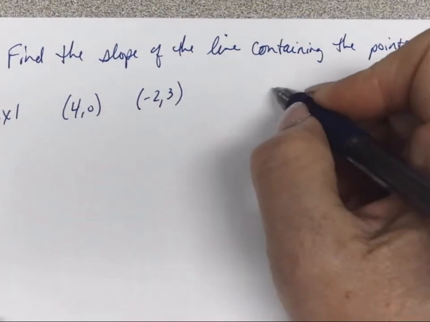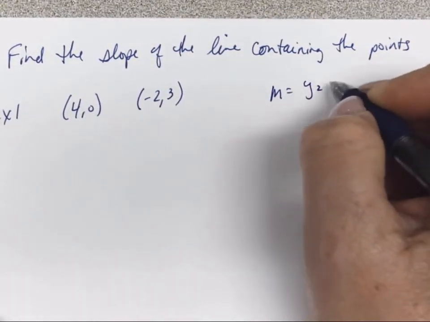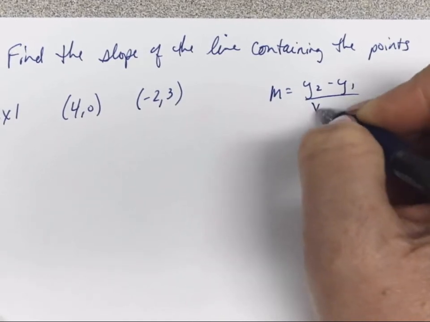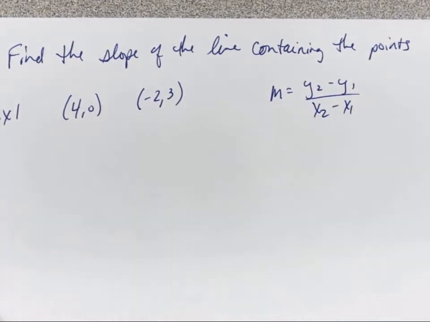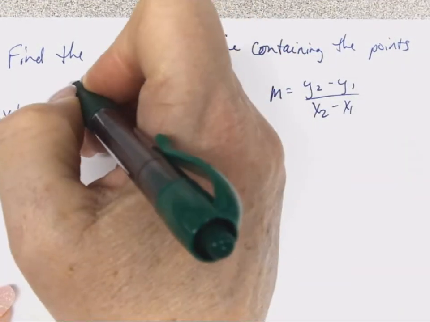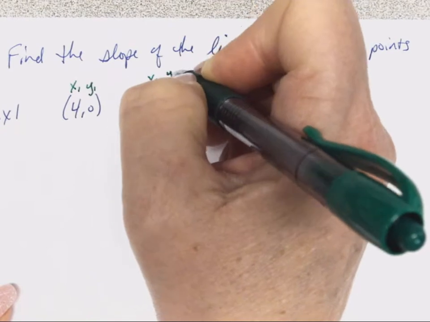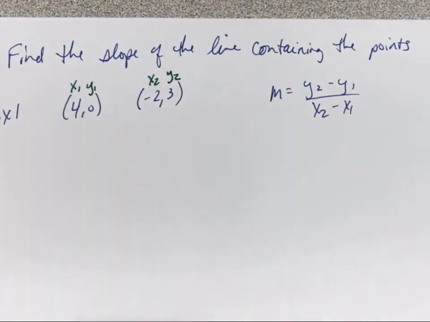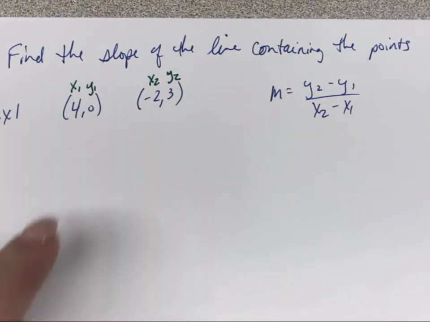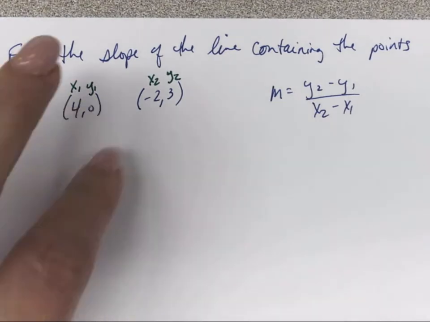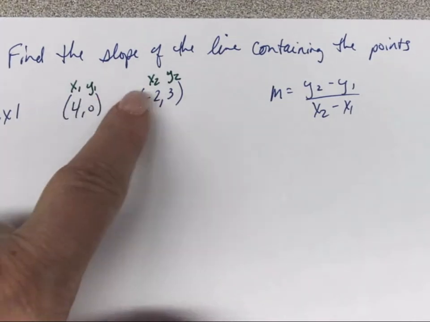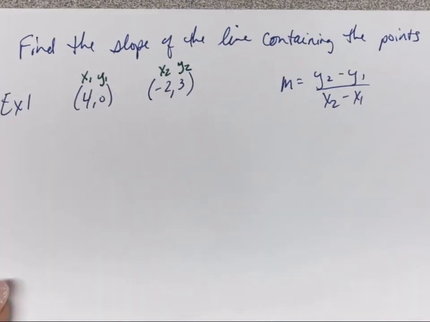Remember that our formula is m is equal to y sub 2 minus y sub 1 over x sub 2 minus x sub 1. So the first thing I suggest you do is to label your points. It does not matter which one is the first point and which one is the second point. I've had students pull the same number twice, so if you label it, you'll be less likely to make a mistake there.